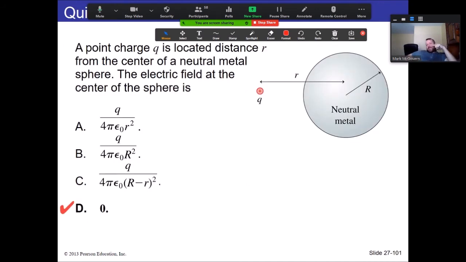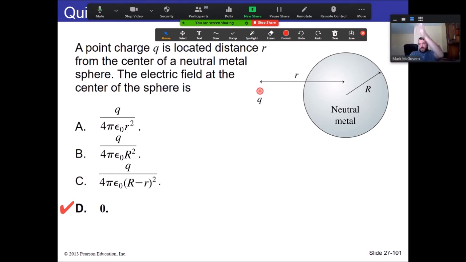Now, let's talk about this from a different perspective, though. So let's look at this example here. You could say, all right, well, let's say it's not 0, right? Let's say the electric field, like a lot of you are saying A, right? You're saying A, and you're like, okay, well, there's an electric field there. It's equal to that. What does that mean? Well, here's what that means. You have a conductor. You have electrons that can move around.